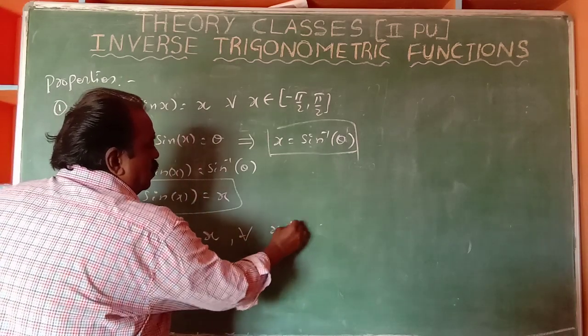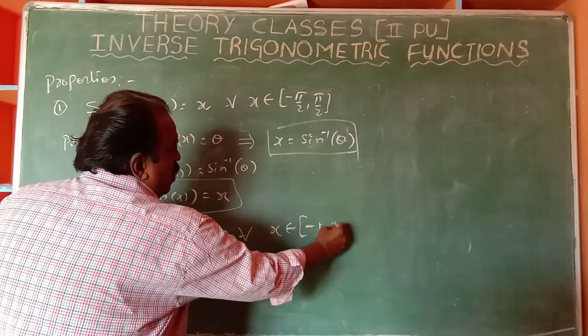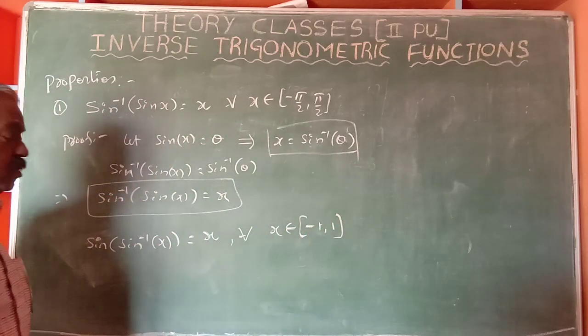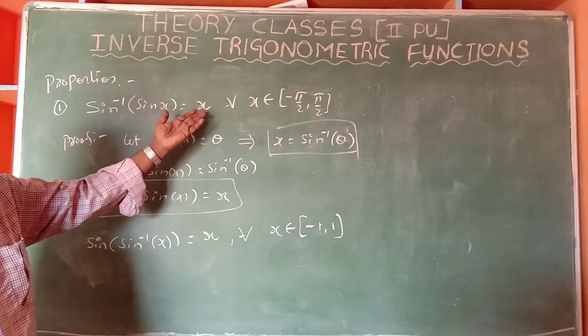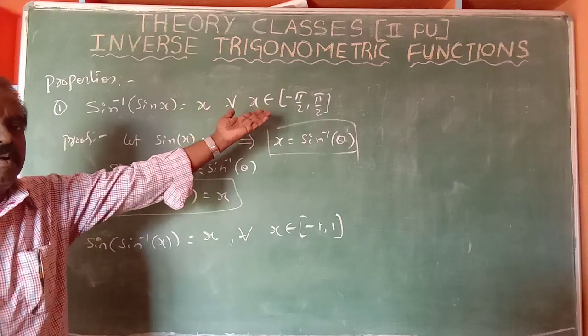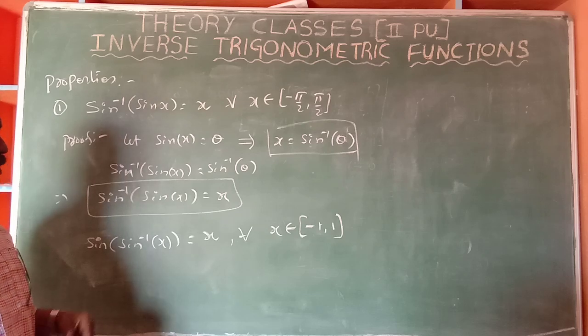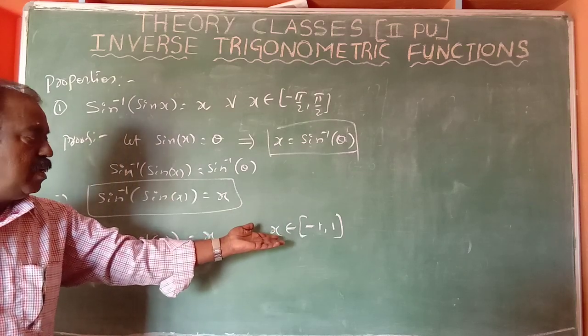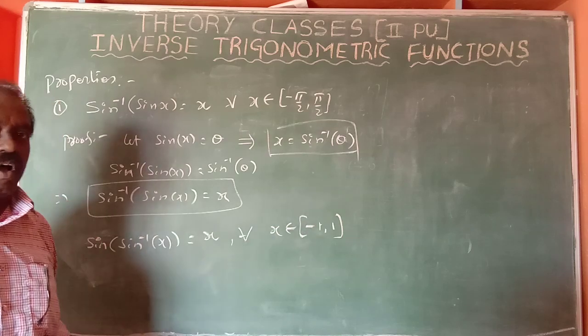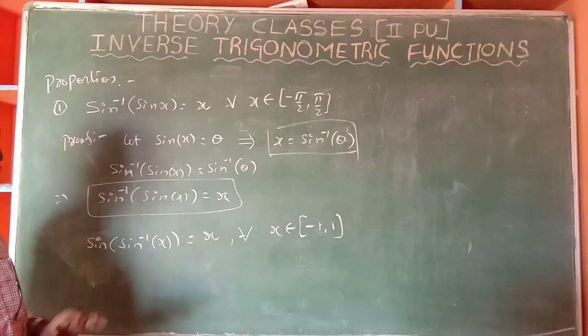Where x belongs to minus 1 comma 1, you may get some doubt. Here x belongs to minus pi by 2 to plus pi by 2, whereas this same x will be between minus 1 and 1. How is it? Very simple.